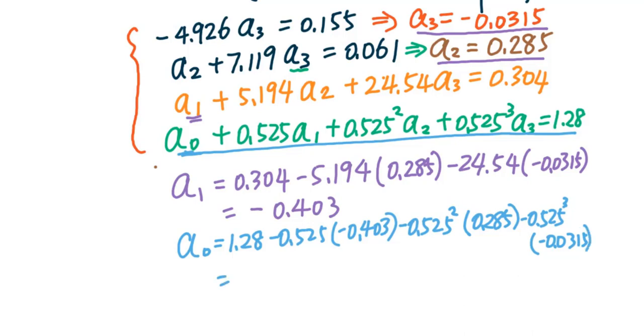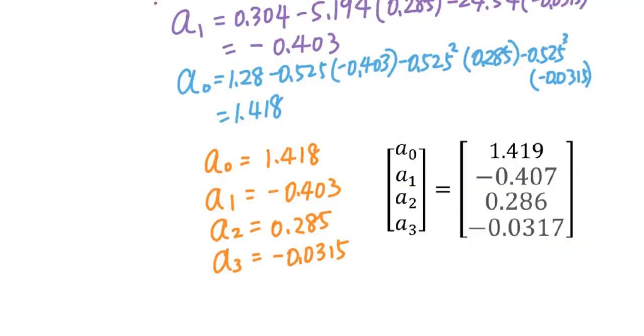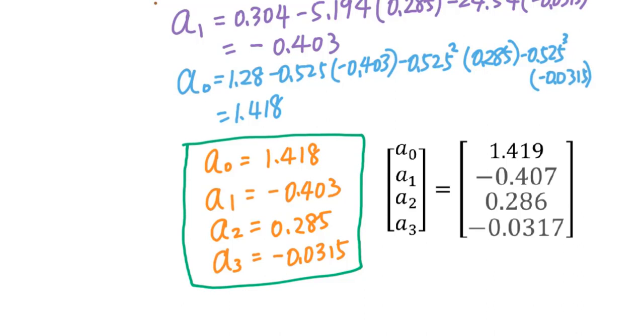You will get 1.418. This is the solution we got by doing row reduction by hand.